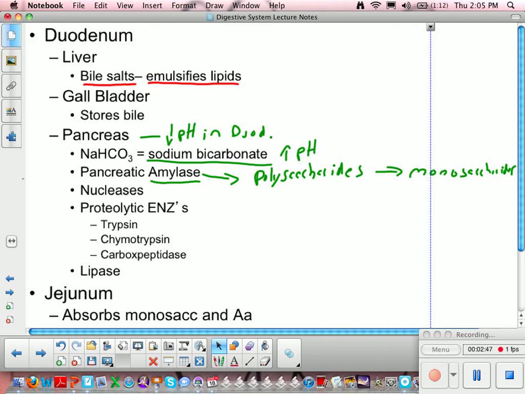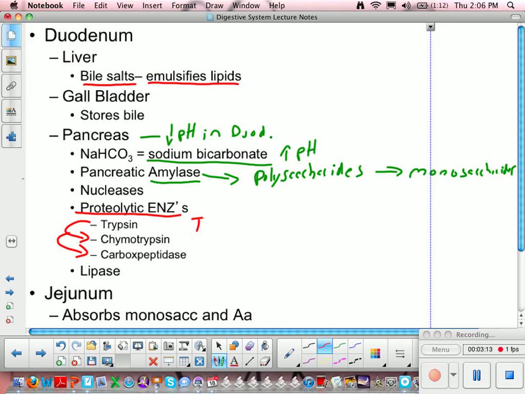The nucleases break down nucleic acids. And then the proteolytic enzymes, these are enzymes that break down proteins. So proteolytic. Trypsin activates both of these. So the presence of trypsin will activate both of those.